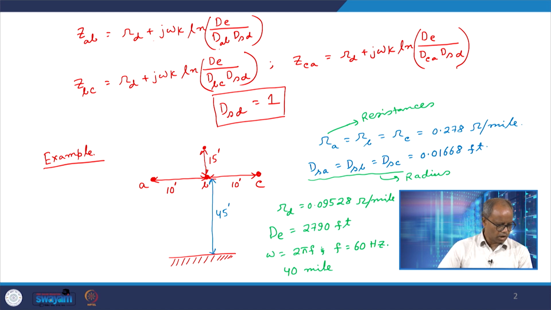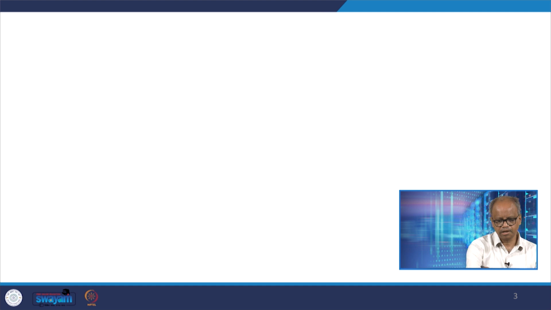So, now what we are going to do is find out all the parameters of this Z impedance matrix. For that, we have to first calculate the value of omega k.